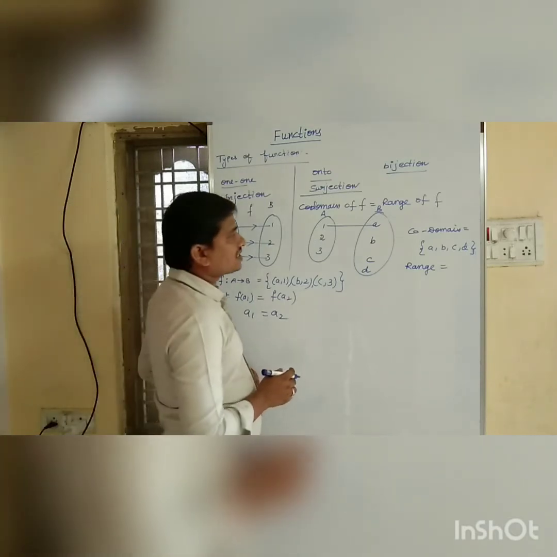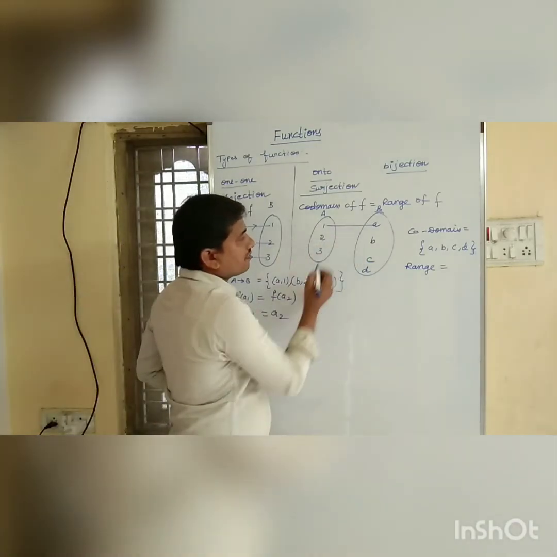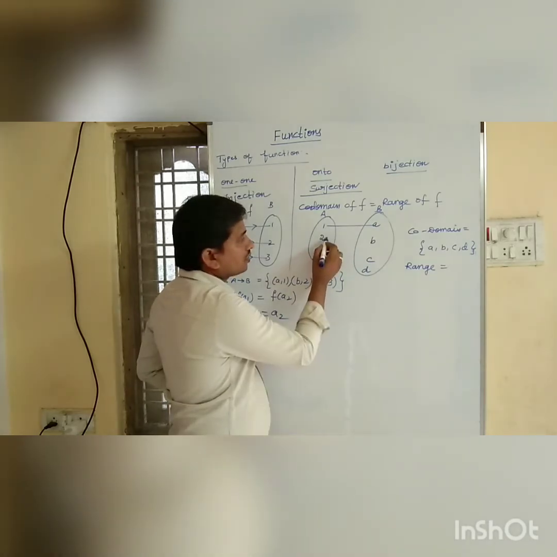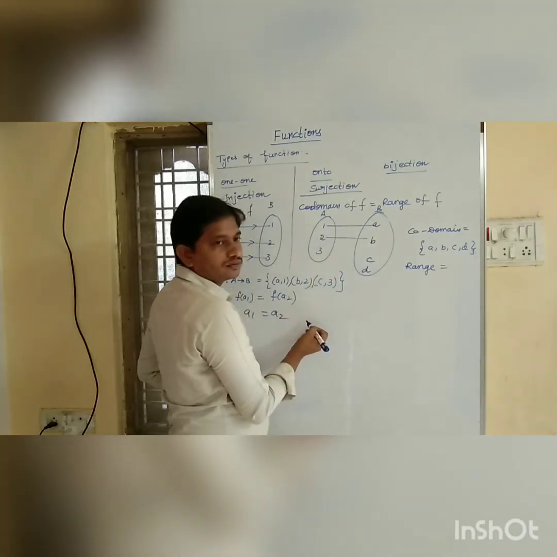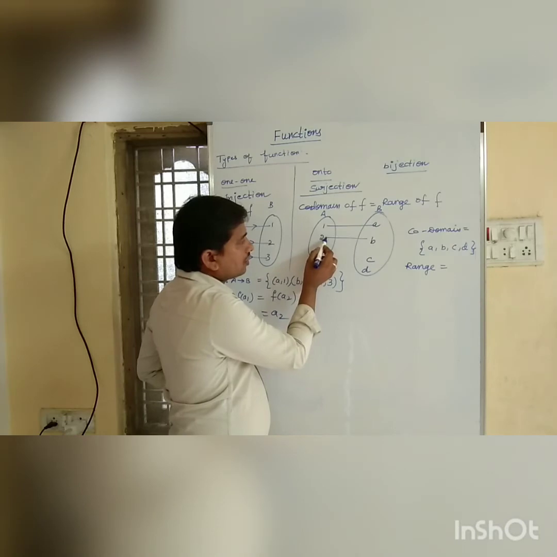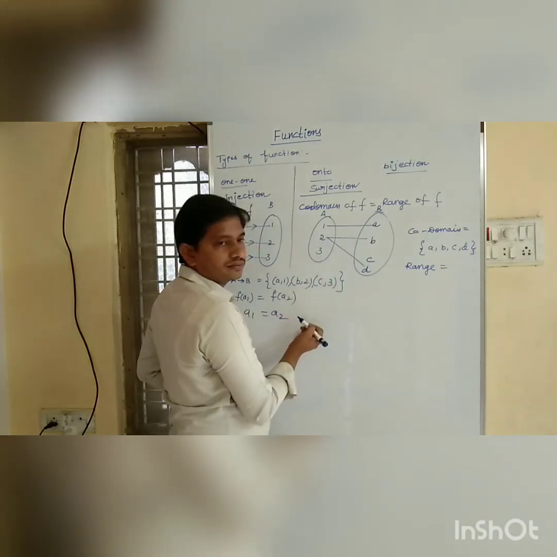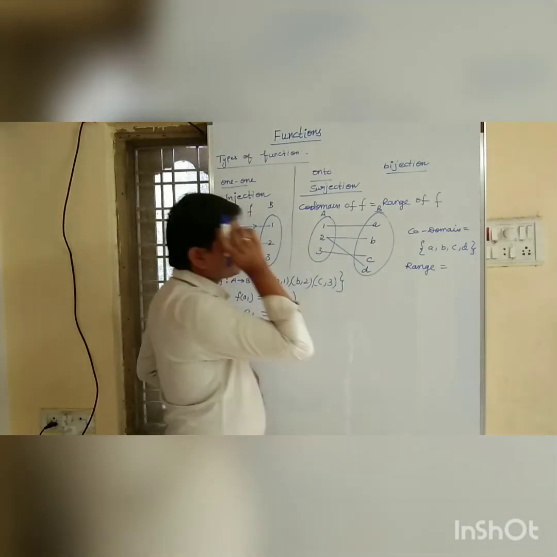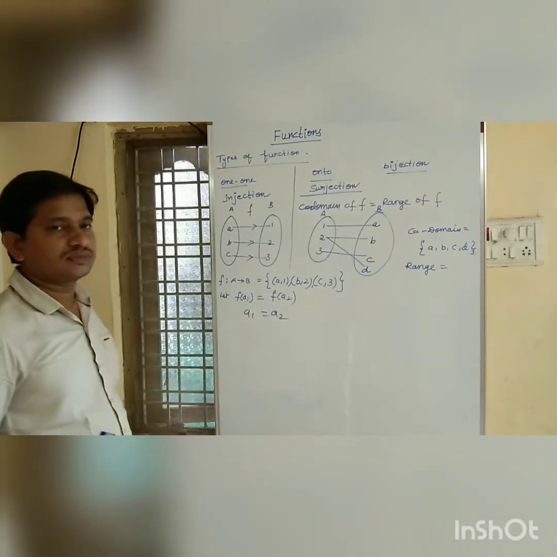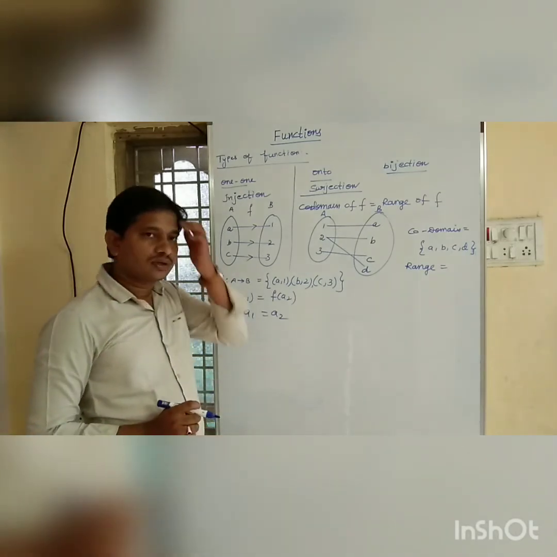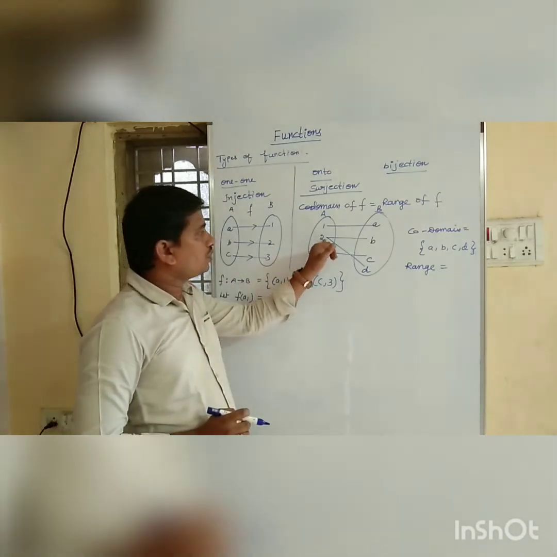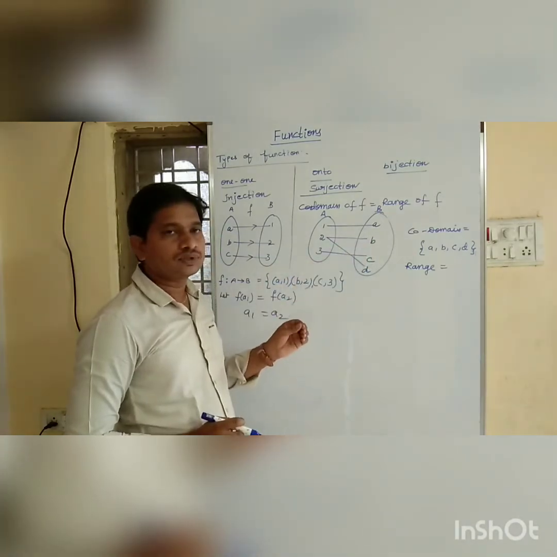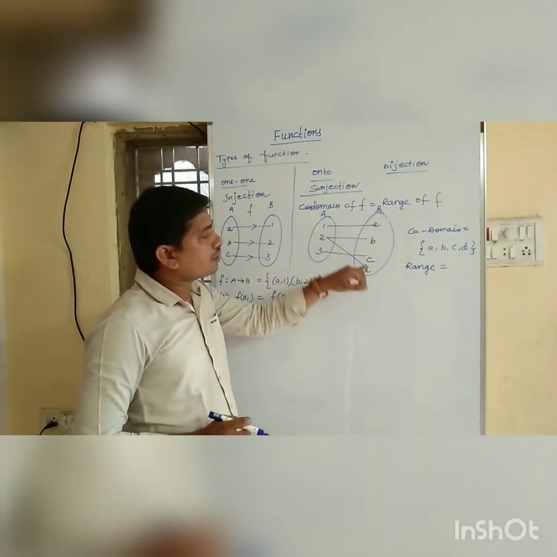Children, first let us say 1 is mapping with a, 2 is with b, and 2 is with d, and 3 is with c. Is it a function? Yes, of course it is a function. See, 2 is mapping with b. Children, 2 can also map with d.